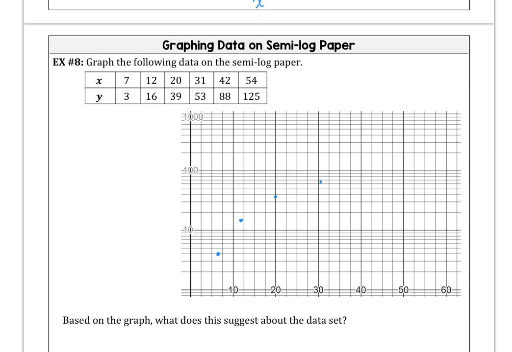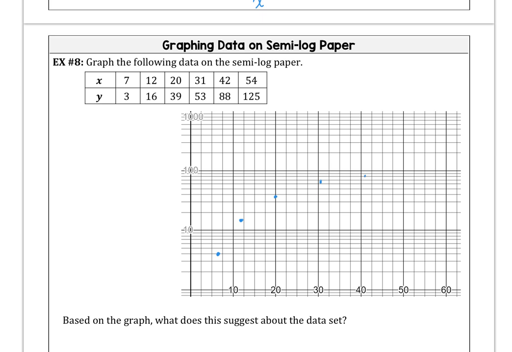And when x is 42, y is 88, so this is 100, 90, 42, 88.